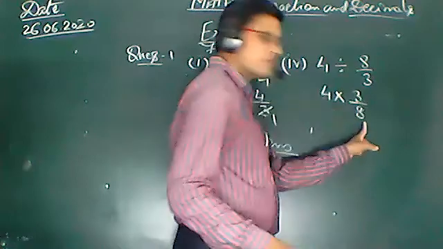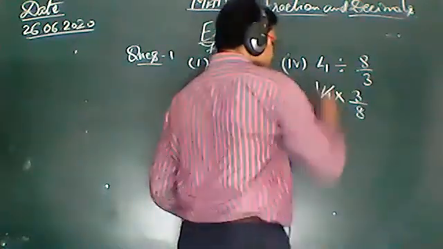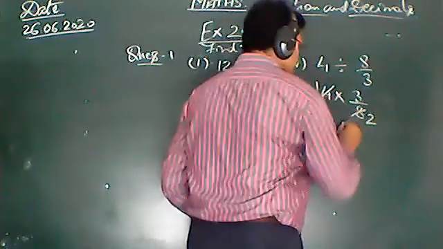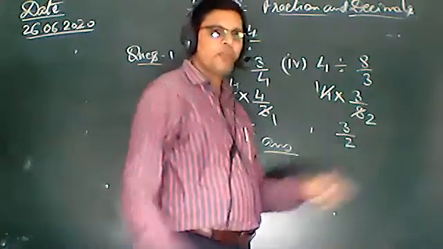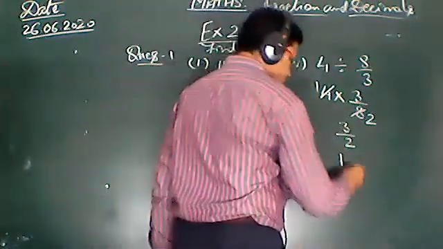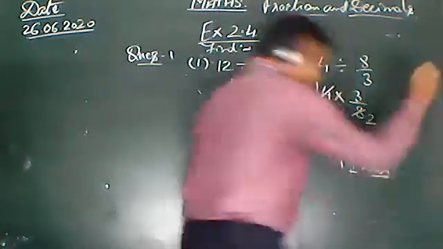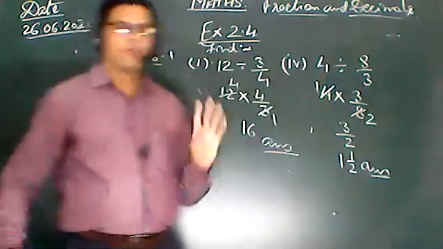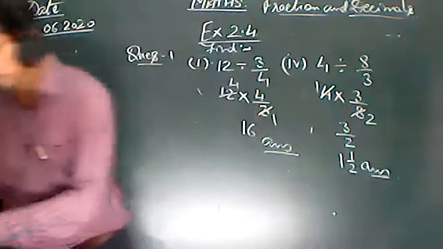Now we simplify the number, 4 2s are 8, and our number comes 3 by 2. It is the improper form. Then convert the improper fraction into the mixed form, 2 1s are 2, remainder comes 1, 1 whole 1 by 2. And that is our answer.